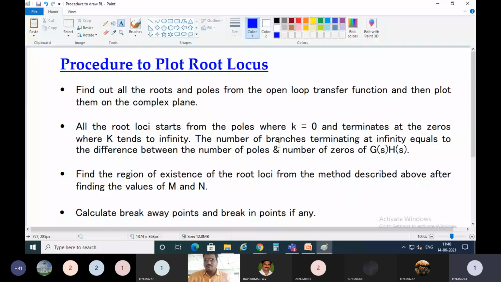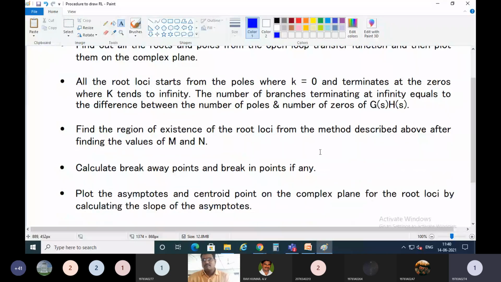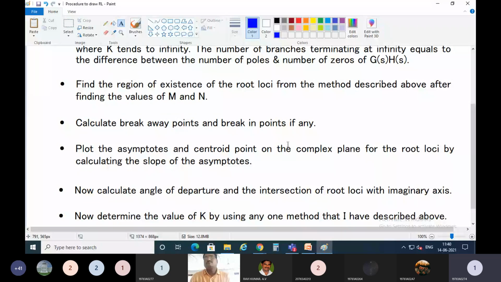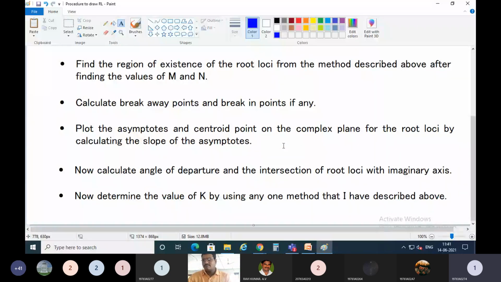3. Find the region of existence of the root loci from the method described above after finding the values of m and n. Next point, calculate breakaway points and break-in points if any. Next, plot the asymptotes and centroid point on the complex plane for the root loci by calculating the slope of the asymptotes.